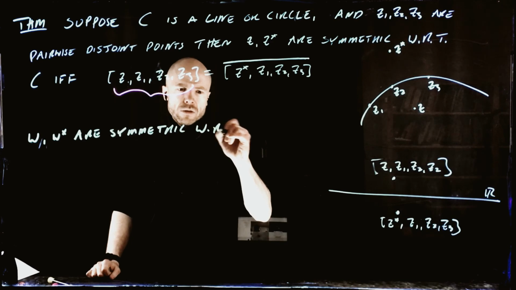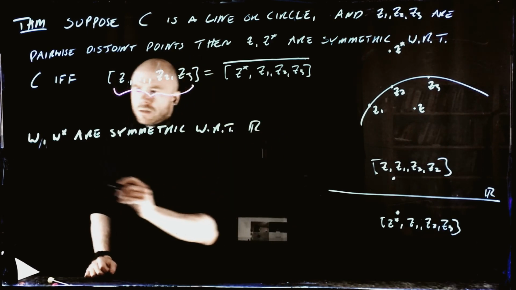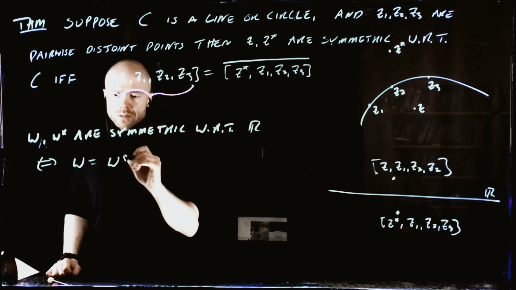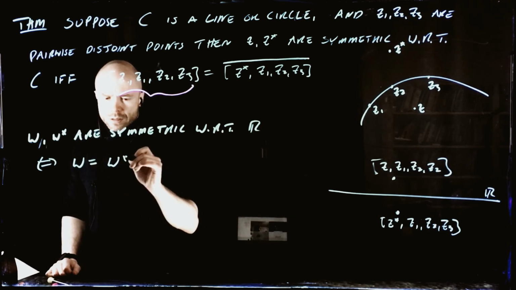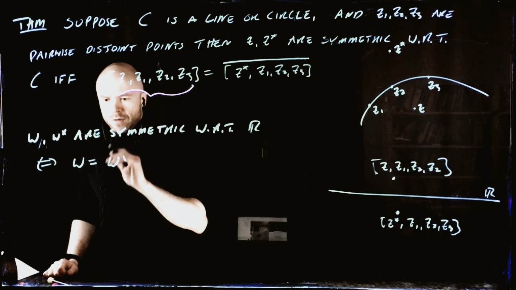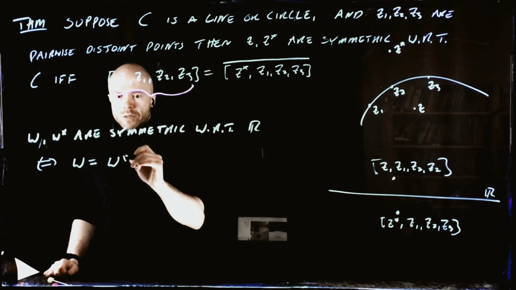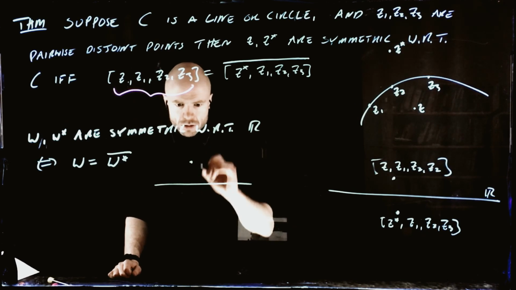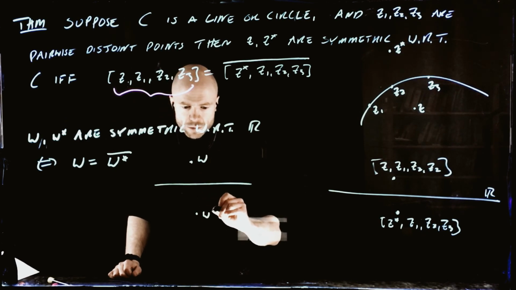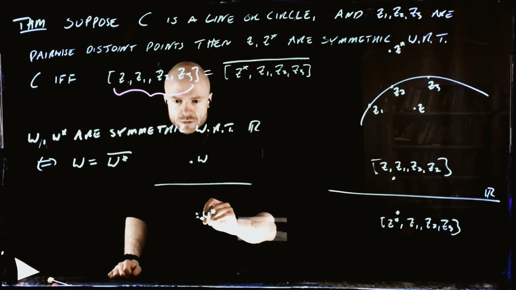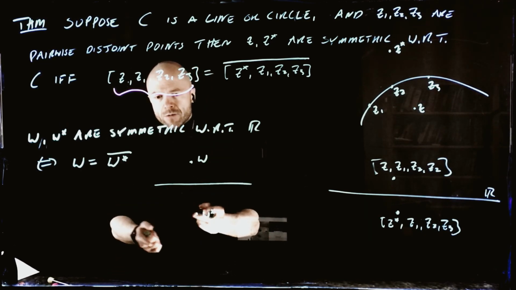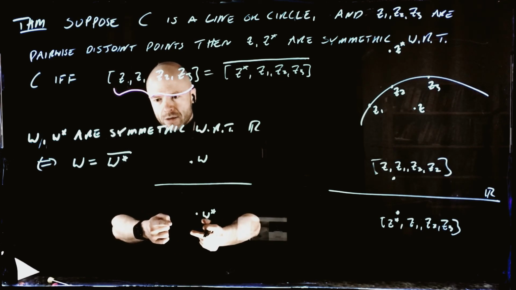with respect to R if and only if W is equal to W star conjugate, right? This is W and this is W star, right? Because to get from one to the other, all we do is put a minus sign in front of the imaginary part, right?